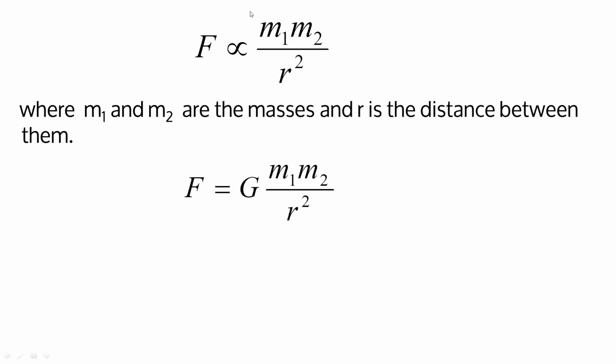Now, last time I told you that where there is a proportionality sign, we put an equal sign and a constant of proportionality. But it has a special name, so we use a capital G. So we are writing F is equal to G m1 m2 over r squared.